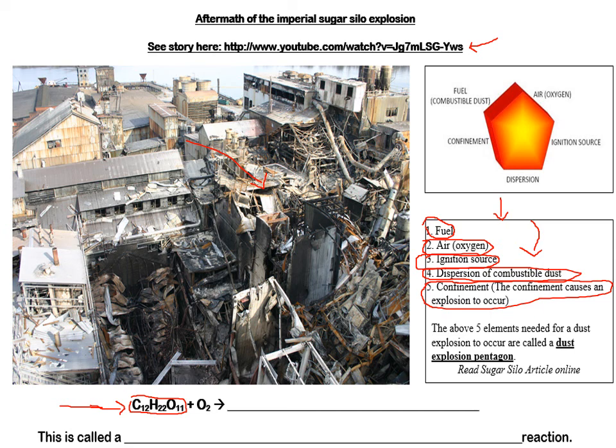So you should pause the video and try to answer this question. I will give you the answer and you verify. So this here is sucrose, that's table sugar, the stuff that you put in your coffee. I said there were orange flames, so because there are orange flames, you know that we have an incomplete combustion reaction, which means there's some CO2 gas. There's some water vapor.